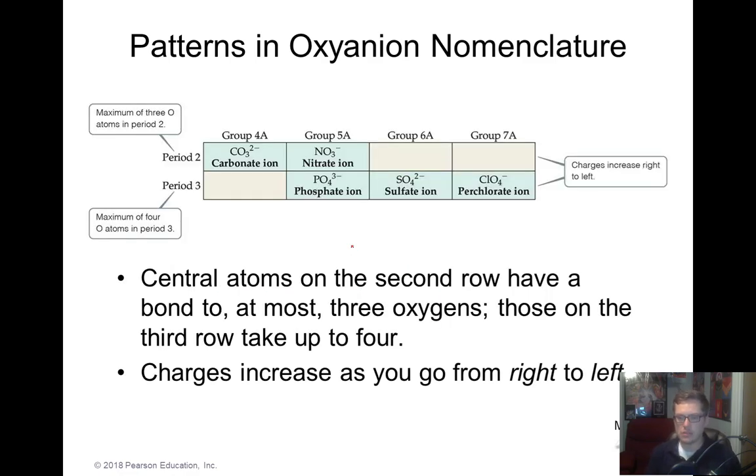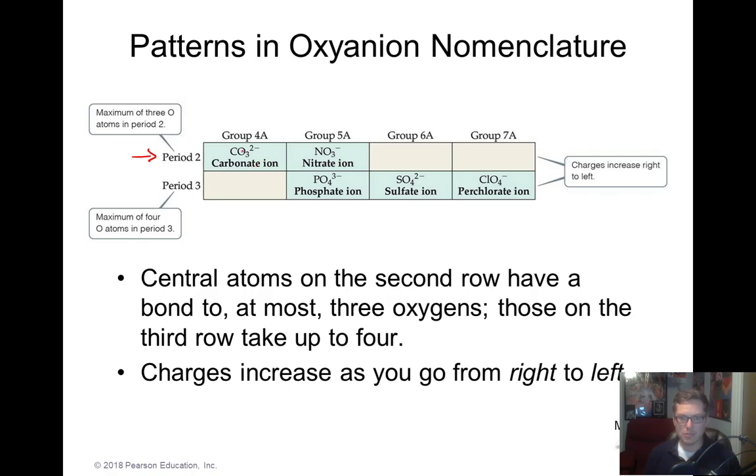Some other patterns to recognize. In period 2, the second row, and we have groups and periods, the first period has only hydrogen and helium, so it doesn't really apply. In period 2, these are the oxyanions: carbonate, CO3 2 minus, and nitrate, which we just talked about.